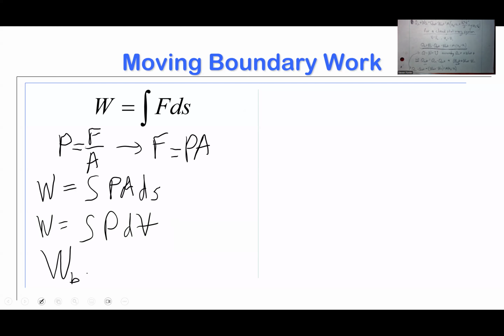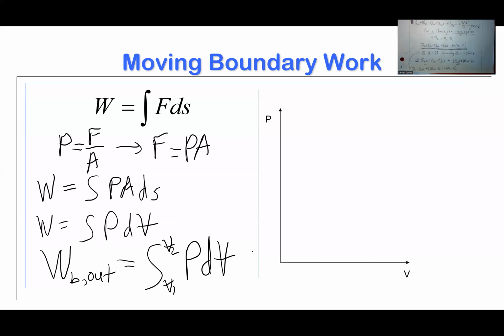if the boundary is moving, if we compute work in the out direction, that means I'm integrating from the initial volume to the final volume, pressure with respect to volume. Boundary work in the out direction is equal to the integral from initial to final volume, pressure with respect to volume.